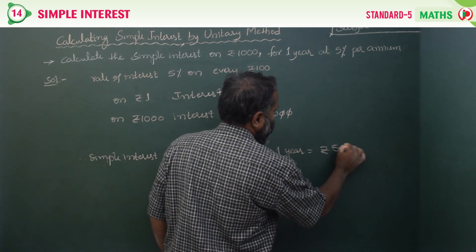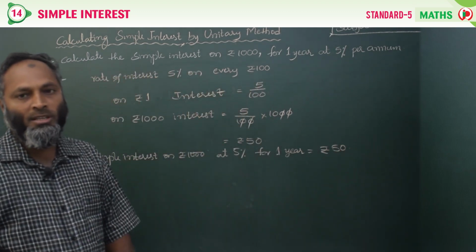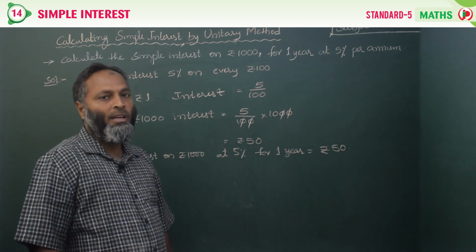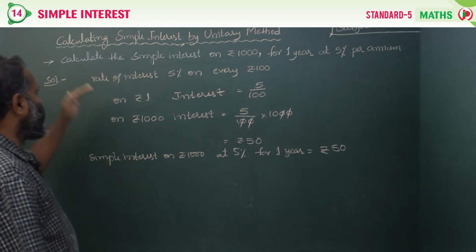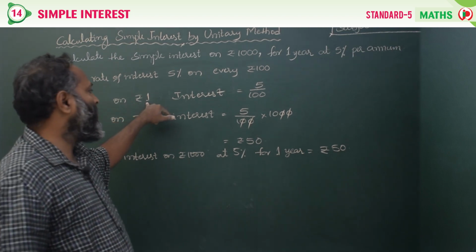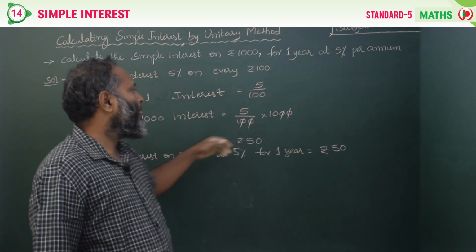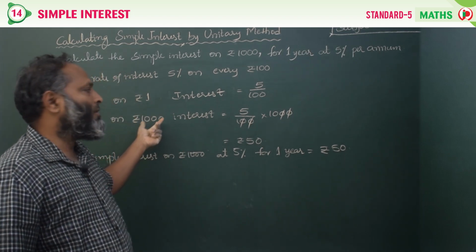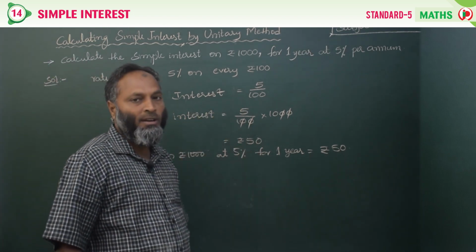This is the interest he should pay after 1 year. This is the unitary method. What is the unitary method? First we should find the interest on 1 rupee, how much interest we should pay on 1 rupee. Then on 1,000 rupees, how much we should pay, that we should calculate.